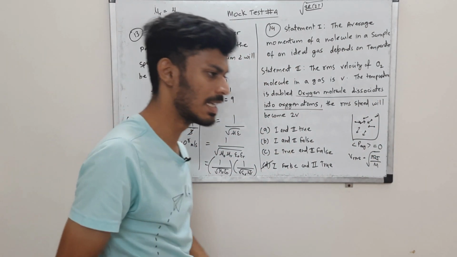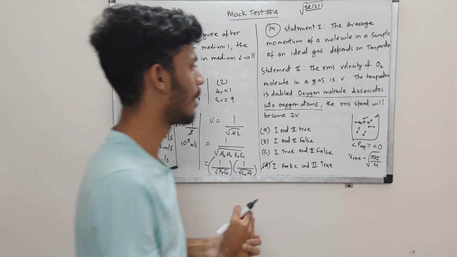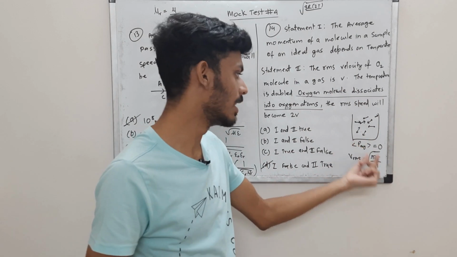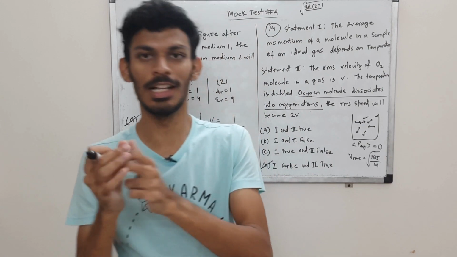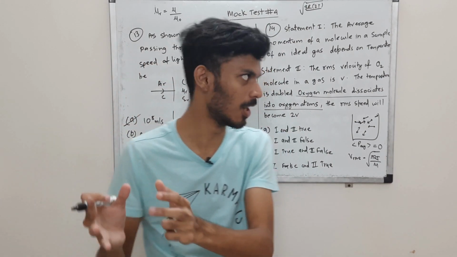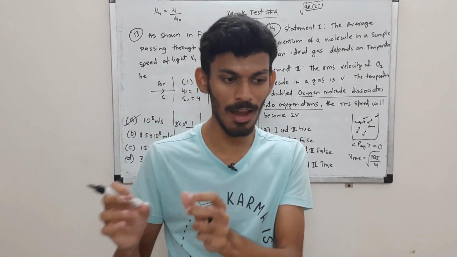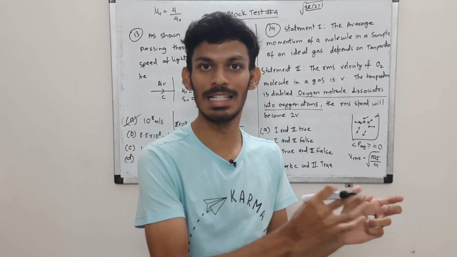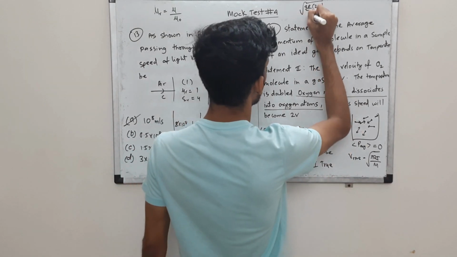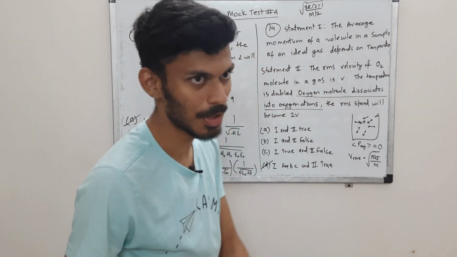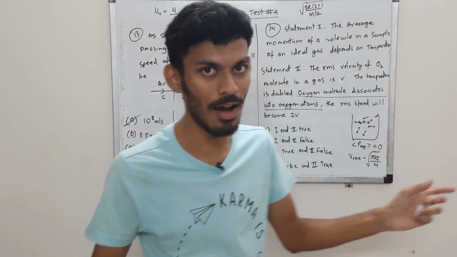This might not seem important when you just read it as a sentence, but when they dissociate, the molar mass will change. Originally, for velocity v, the oxygen molecule's mass is 32 grams, and when they dissociate, their mass is 16 grams. So the mass becomes half, m by 2.